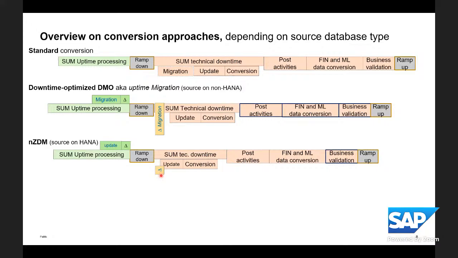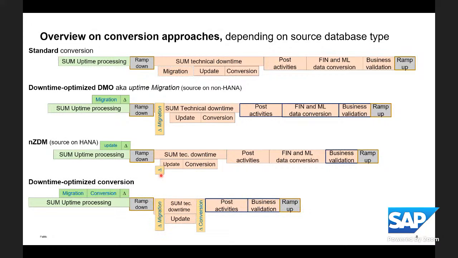But the big one is the downtime optimized conversion. We have seen this picture before. The tool will, if required, execute migration in uptime, but also data conversion, especially also the fin data conversion, that in the other approaches are activities after the software update manager.